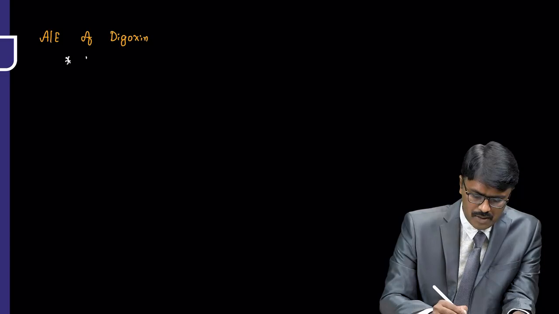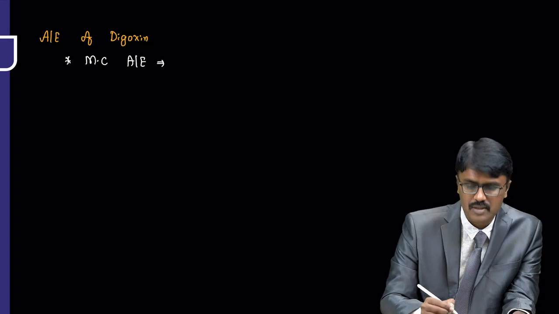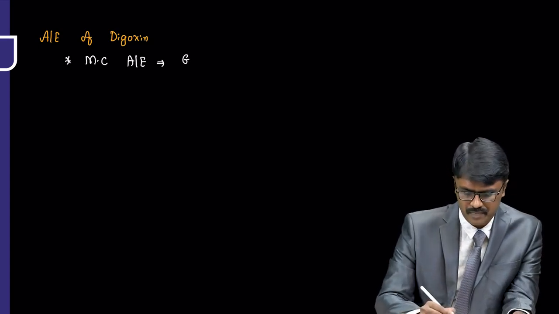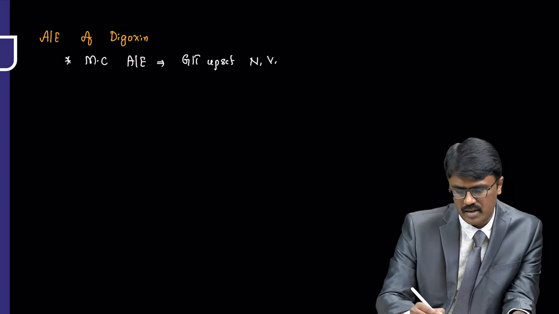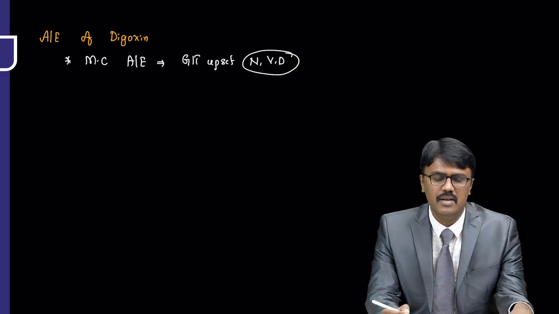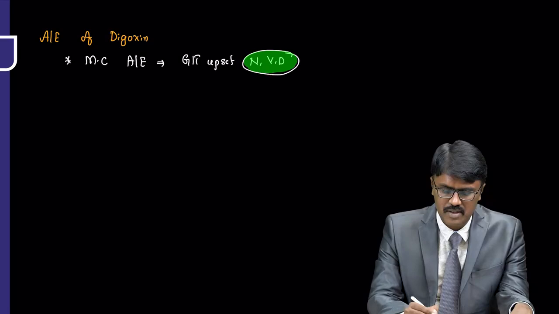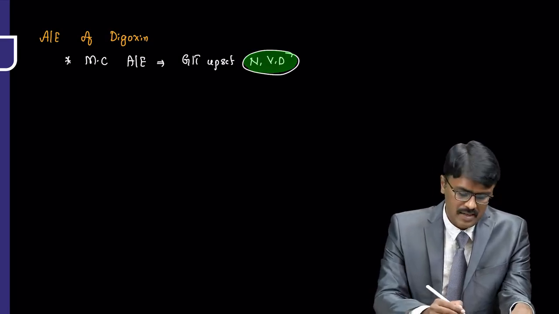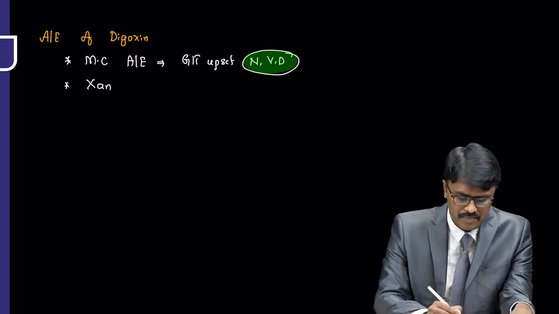Now the most common adverse effect of digoxin is the GIT upset, and that is your favorite: nausea, vomiting, diarrhea. Okay, I know most of you have remembered in pharma, nausea, vomiting, diarrhea, which is the most common adverse effect we see with digoxin. Second problem is it can produce xanthopsia.